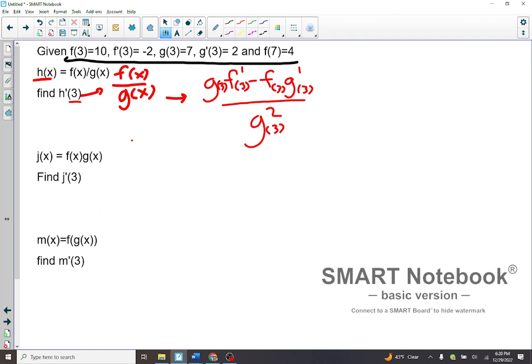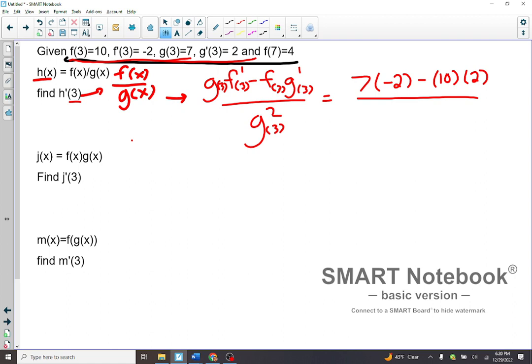So it's g of 3 times f prime of 3. Luckily up here, I have all my g's and f's of 3's. So g of 3 is 7, times f prime of 3, which is negative 2, minus f of 3, which is 10, times g prime of 3, which is positive 2, over g squared.